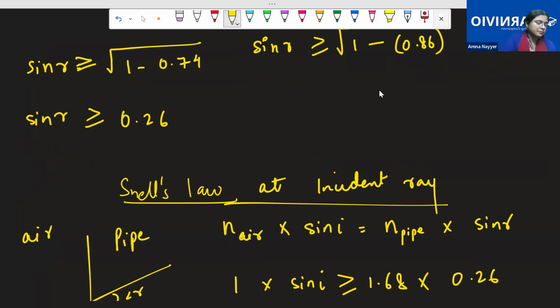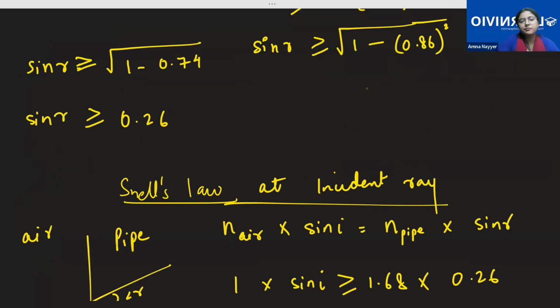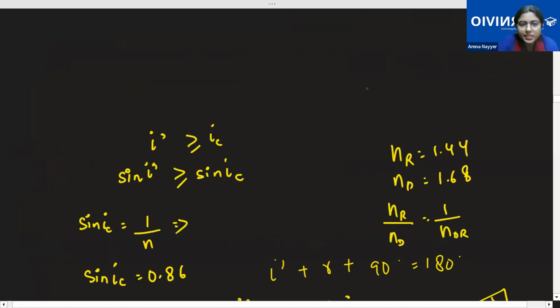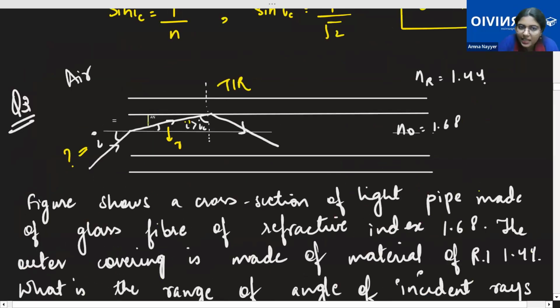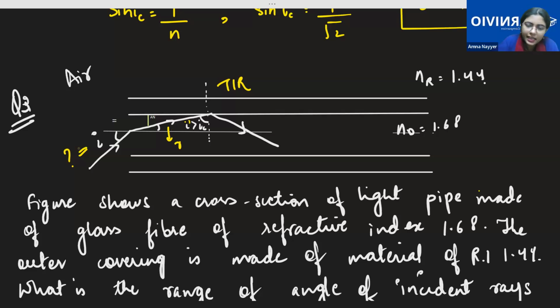I am repeating. Please pay attention. In this question, angle of incidence was asked. So if we got the angle of refraction, we could easily get sine i using Snell's law, because all the refractive indices are known and only r is missing.